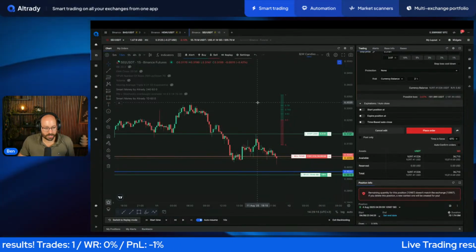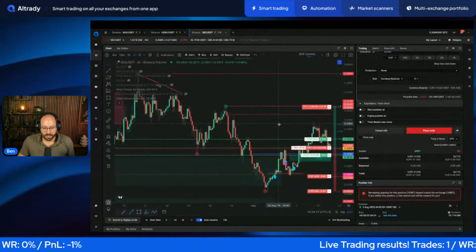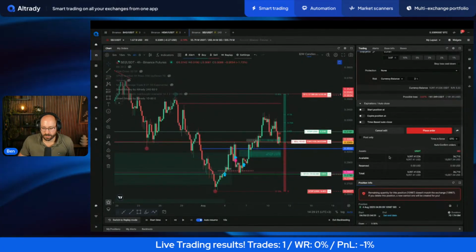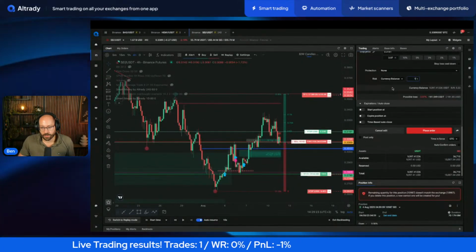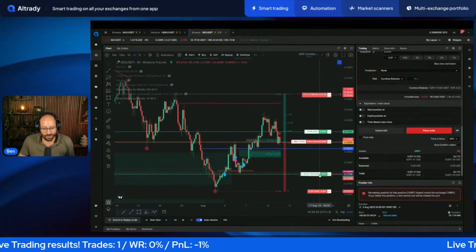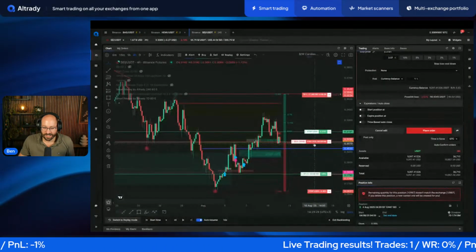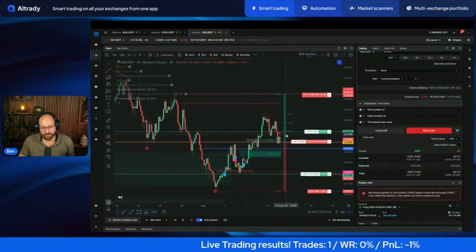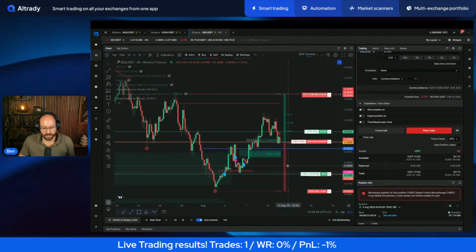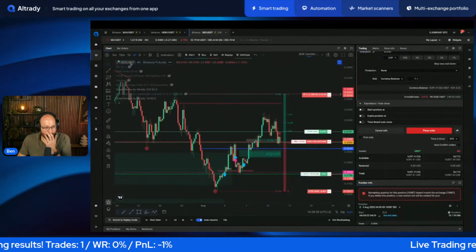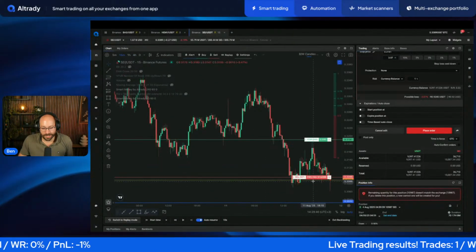Let's see if there's anything. That is a nice hedge though. If you block out this one, you still get profit. It would only be really annoying if it hits that one first and then that one. But I do like the hedge. I'm going to try the hedge.